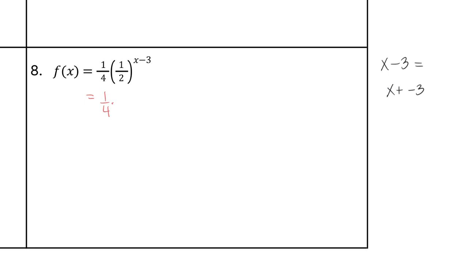So I'm going to separate this as 1/2 to the x power times 1/2 to the negative 3 power. So I'm getting negative 3 because this was a minus. Okay, and then like we did before, 1/4 stays the same. 1/2 to the x stays the same.